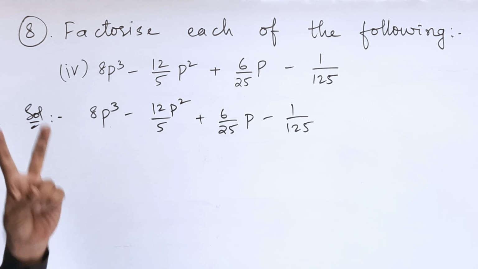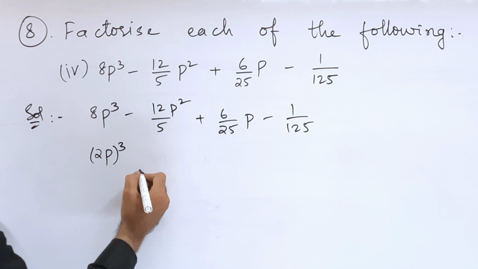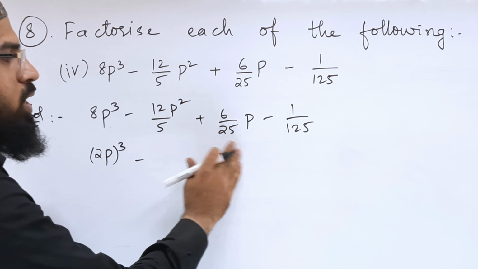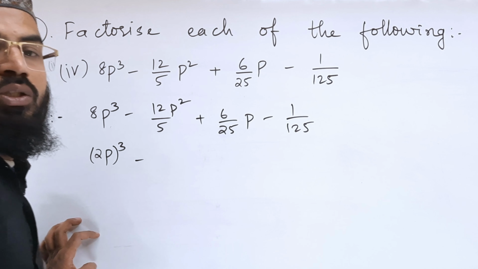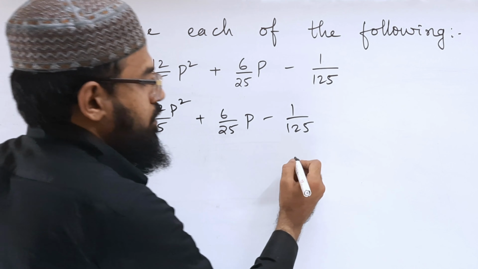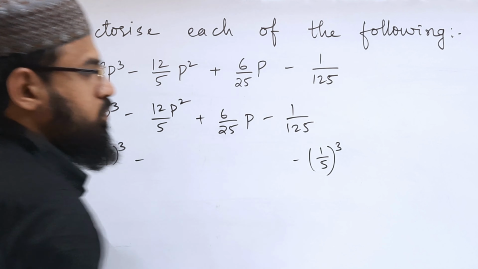So 8 is a cube of 2. So we can write 2p whole cube minus. So leave this. Why? Because we are not getting cube. So where is the cube? Cube is here. So 125 is nothing but the cube of 5. So we can write minus 1 by 5 whole cube.